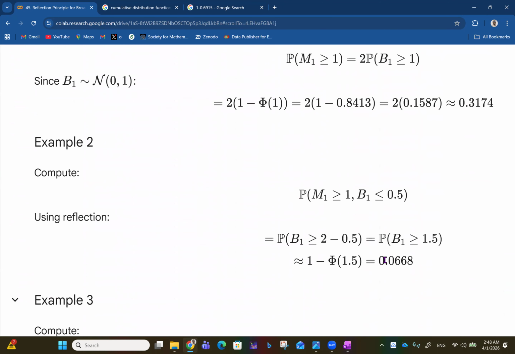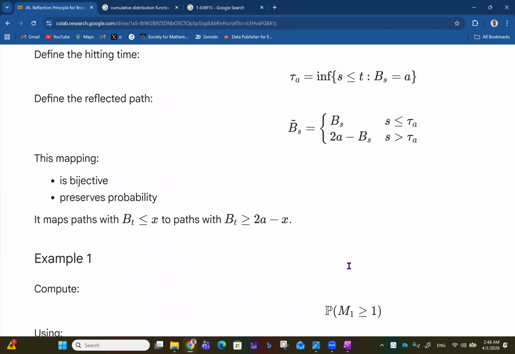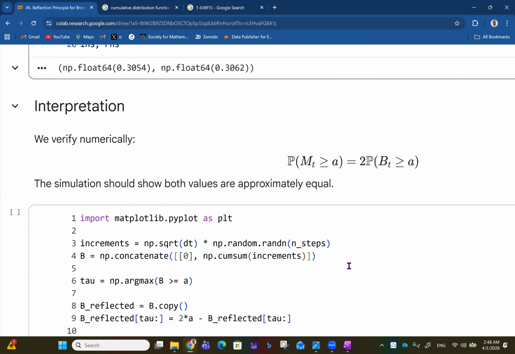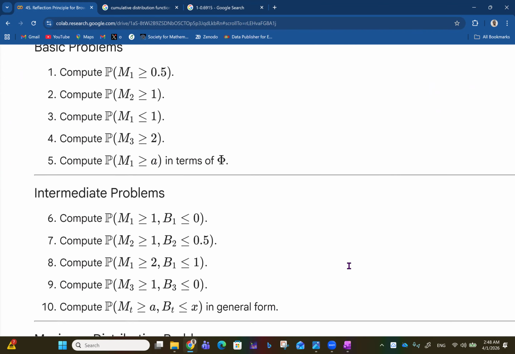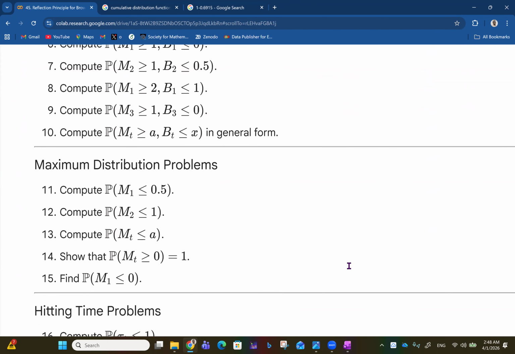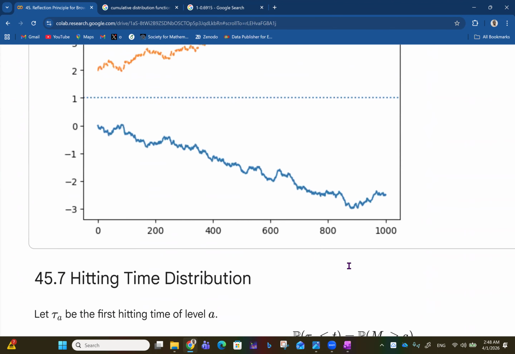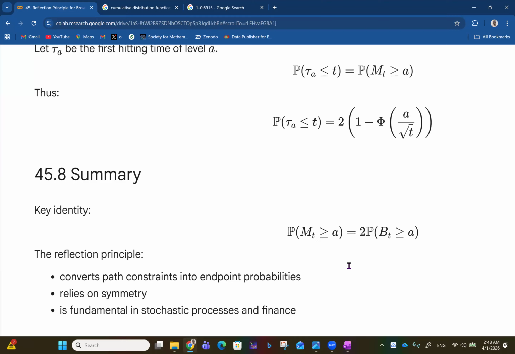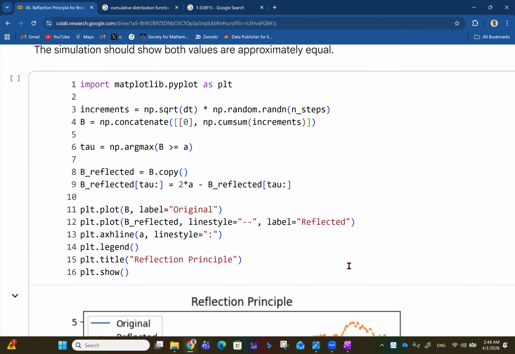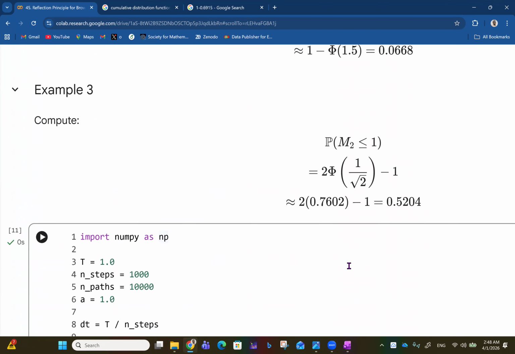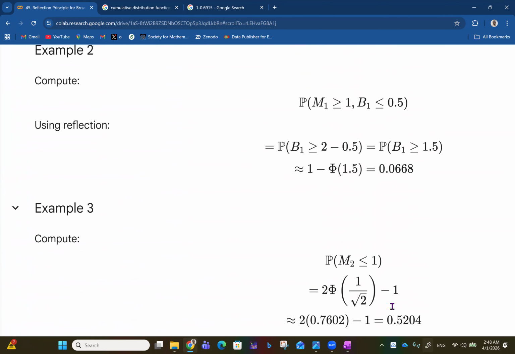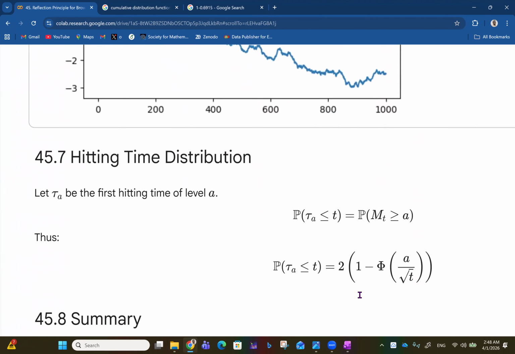So that'll be 1 minus phi of a over root t, and so on and so forth. So just keep trying. Then for maximum distribution problems, we also did some; that was the last example I think we did right here. Yeah, it's the same with this, I believe.